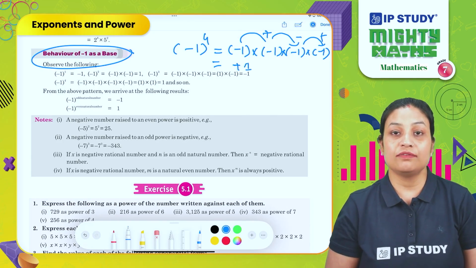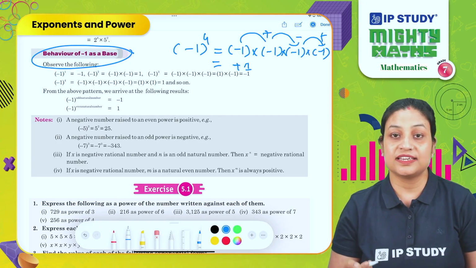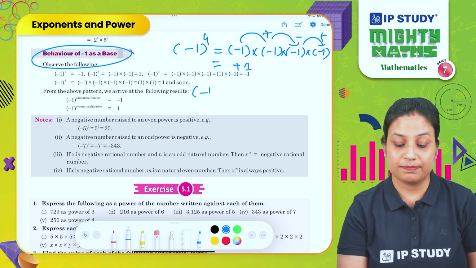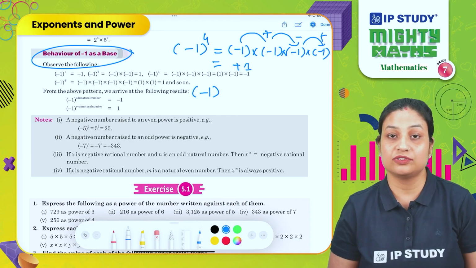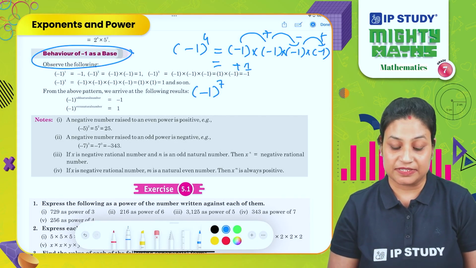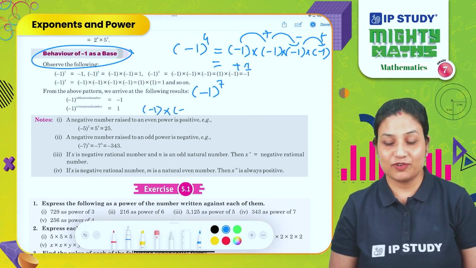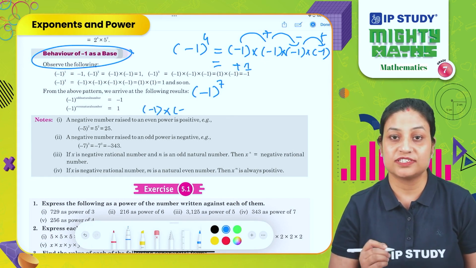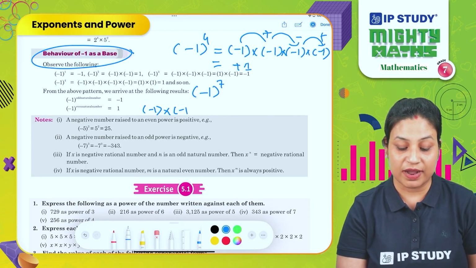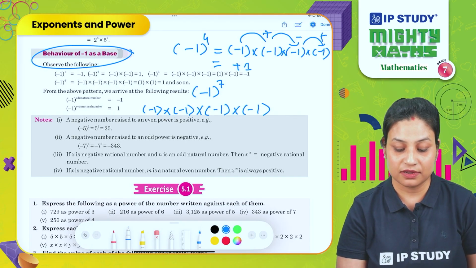Now instead of taking an even number as the power, let me take an odd number power. Let me take -1 raised to the power, let's say, 7. Let me multiply -1 7 times and check what is the result. If you multiply -1 for 7 times, what will be the result? Let's check it together. So -1 into -1, 7 times.